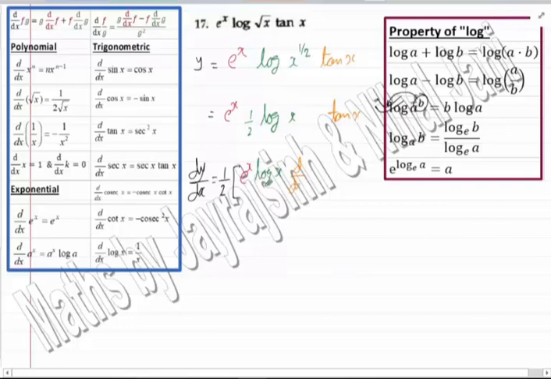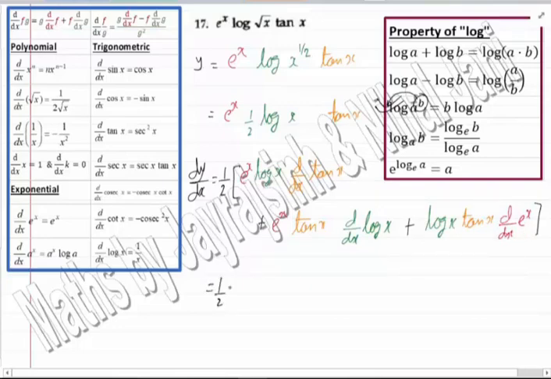So we'll just differentiate tan x in the first term. In the second term, e raised to x and tan x will be as it is. We will differentiate log x in the second term, plus log x and tan x as it is. We just have to differentiate e raised to x in the third term. Okay.